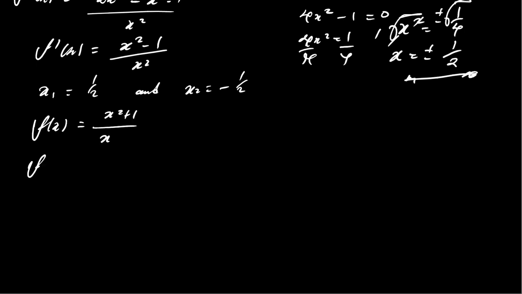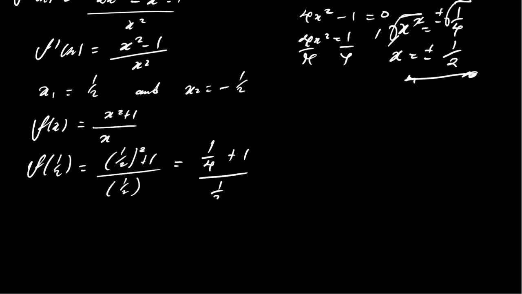So f at half, which is 0.5, is half squared plus 1, divided by half. If you compute this, it should give you 1 over 4 plus 1, over 1 over 2.